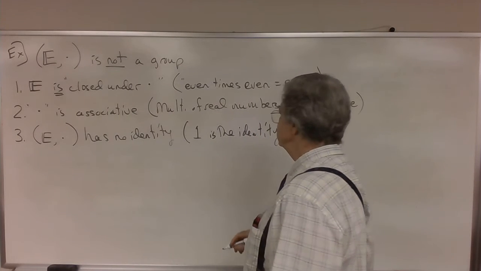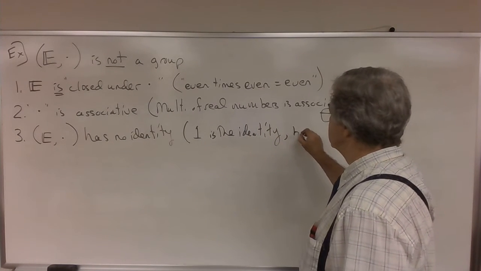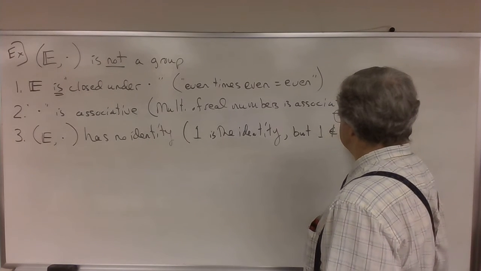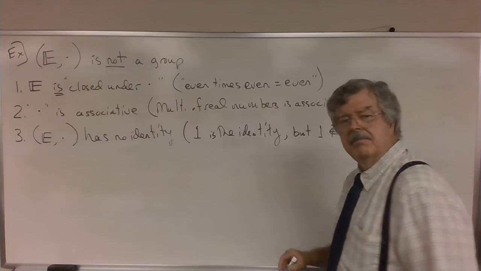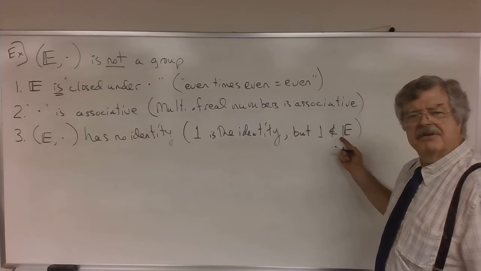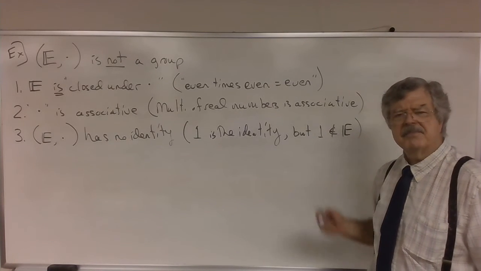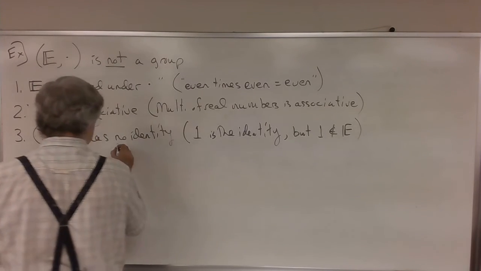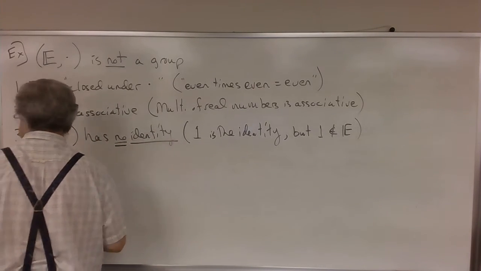One is the multiplicative identity. But 1 isn't an element of this set. So here's a problem: no identity.